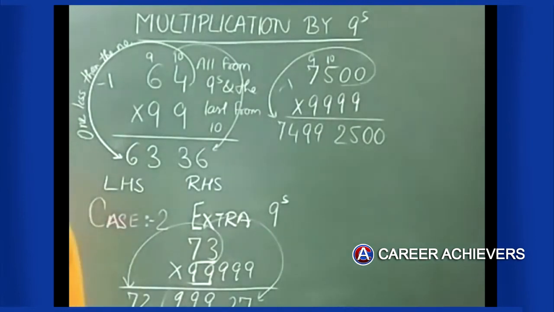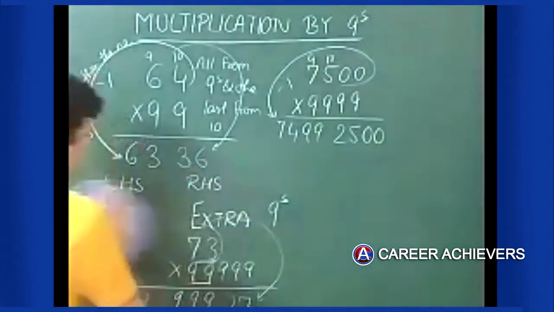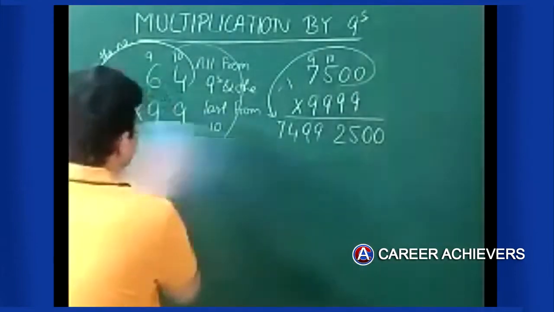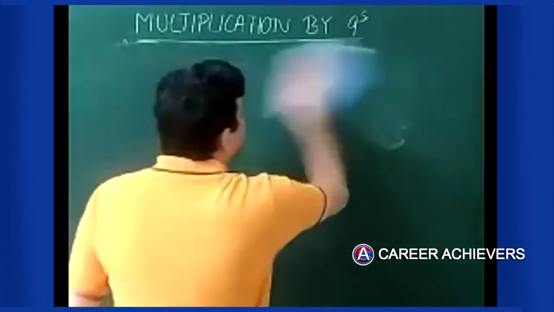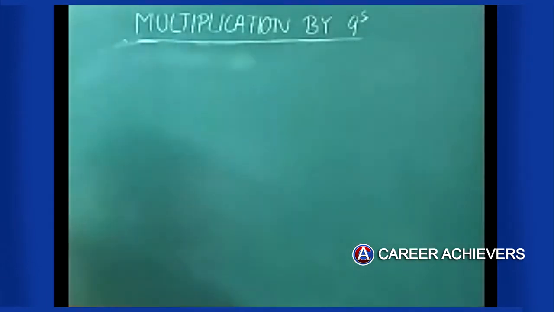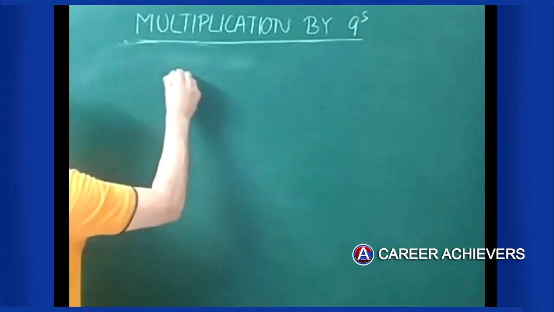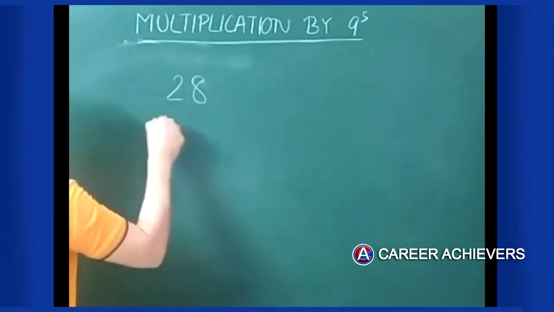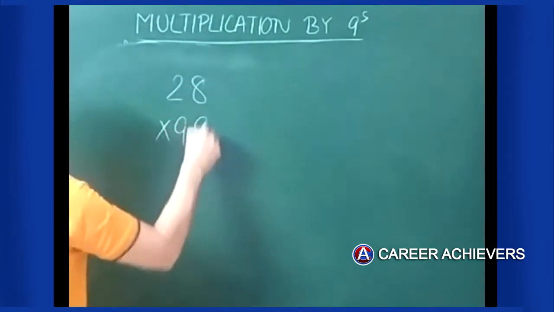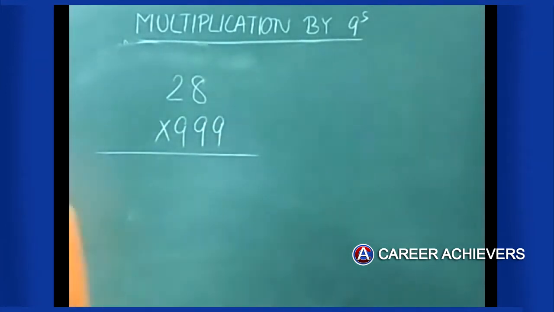Got it? Yes. Fine. Now case 3. Case 3 says 28 times 999. Now what you have to do?